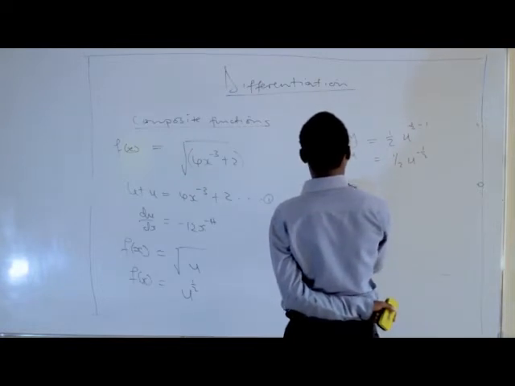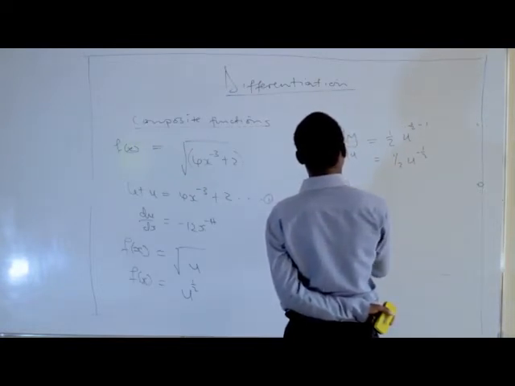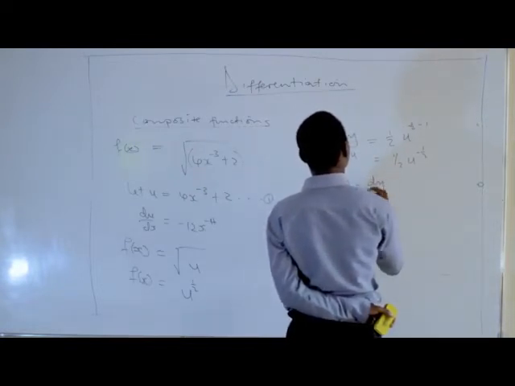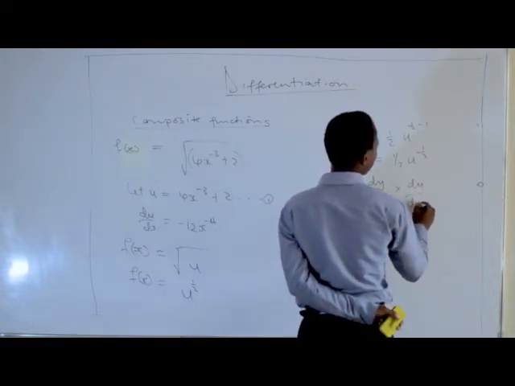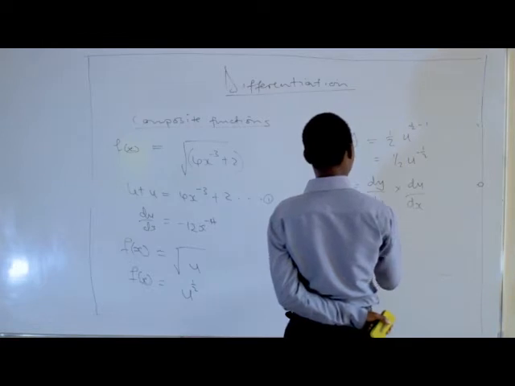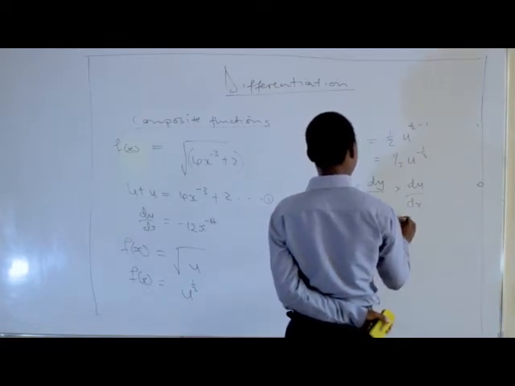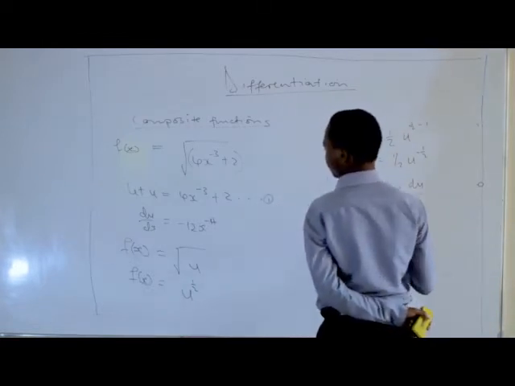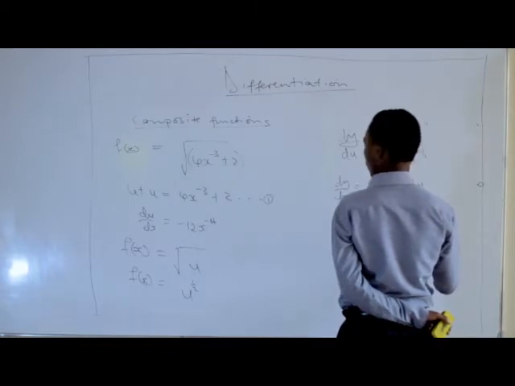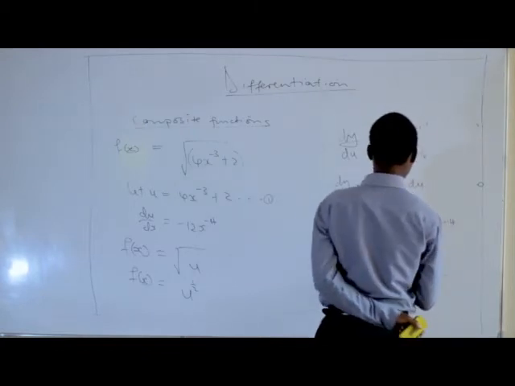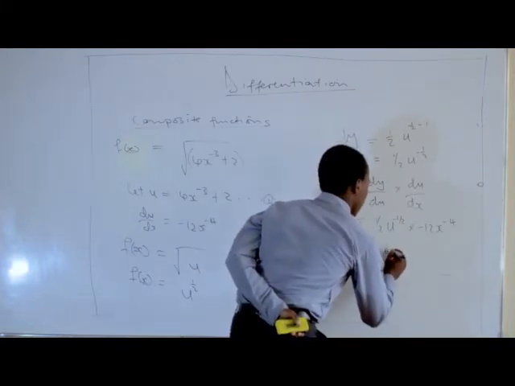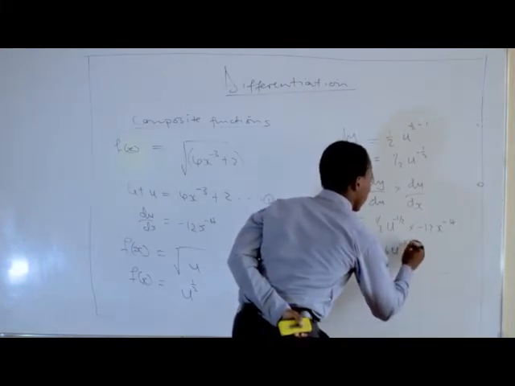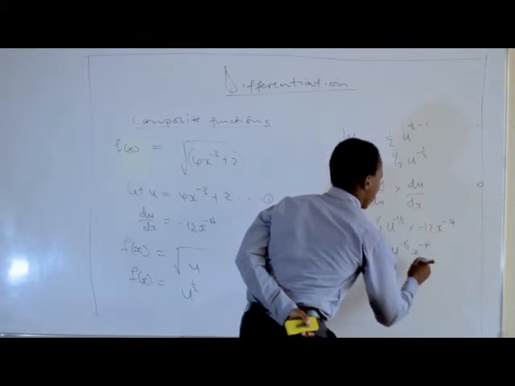So what is dy/dx? dy/dx is now equal to dy/du times du/dx, which is equal to half u to the power minus half times minus 12x to the power minus 4. So this gives us minus 6 u to the power minus half x to the power minus 4.